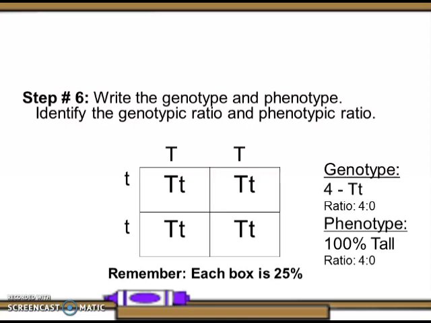This means that the combination in each box has a 25% chance to occur. If more than one box has the same result, add these chances together to get the total chance. In our example, we have 4 boxes with heterozygous, 25%, 25%, 25%, and 25%. So each child has a 100% chance of inheriting heterozygous genes.